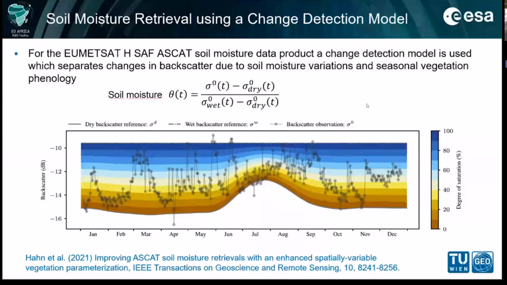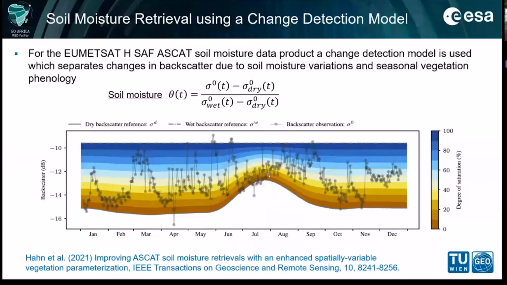The algorithm that we use for deriving soil moisture from the backscatter measurements is a change detection algorithm, where we try to describe the impact of seasonal vegetation growth on the data, so that we correct it. And we basically scale the measurements between very dry soil conditions and very wet soil conditions.